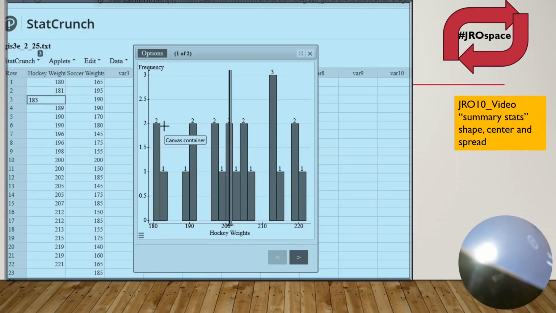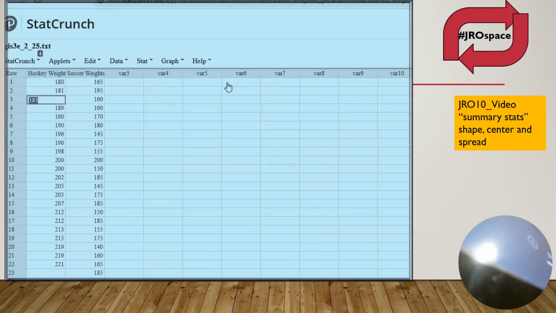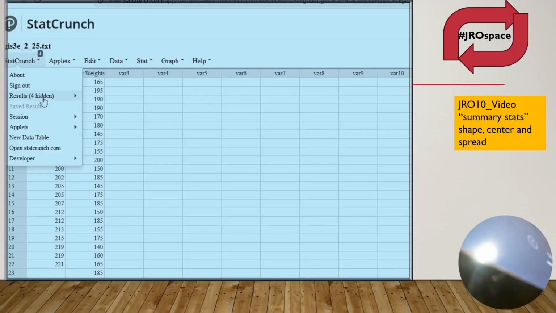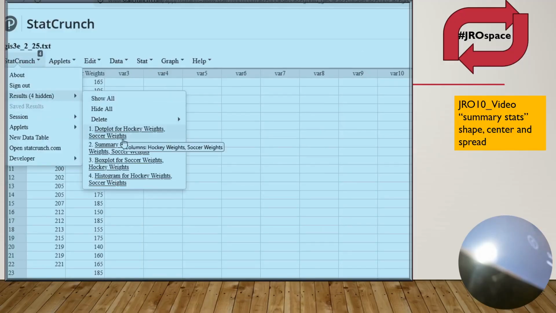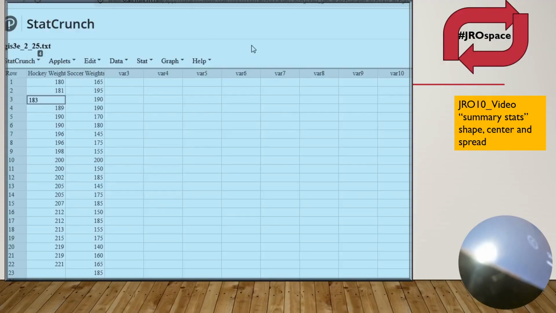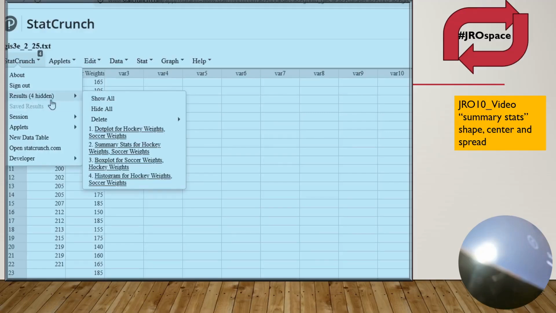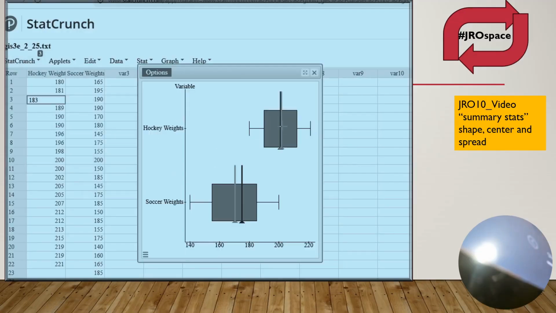The bins, B-I-Ns. Anyway, so notice once again, we have these results: a dot plot, summary stats, box plot, and a histogram. So that should bring us all together, the types of things that we were looking at. Oh, I want to show you, when you're looking at these box plots, you can hover over, see there?